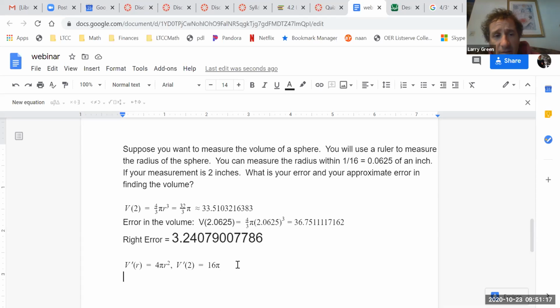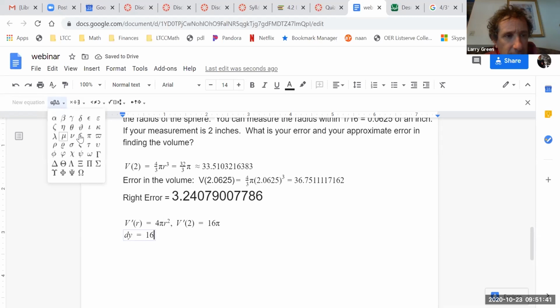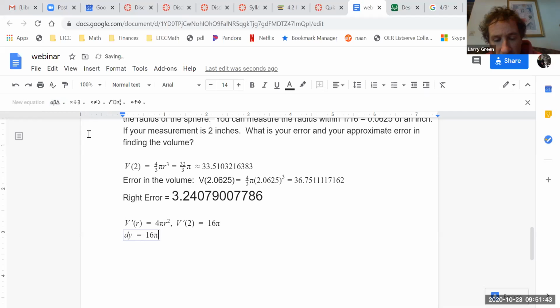Okay, so once we have that, then we can come up with the error. And the approximate error will be the dy. Okay, so the dy now is going to be the derivative, which is 16 pi, right?